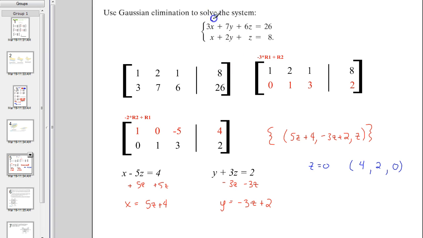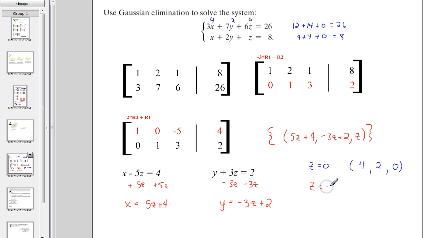So if x is 4, y is 2, and z is 0, we get 3 times 4 is 12, 7 times 2 is 14, 6 times 0 is 0, and 12 plus 14 is 26. So it works. In the other equation, 4 plus 2 times 2 is 4, plus 0 is 8. So it works there.